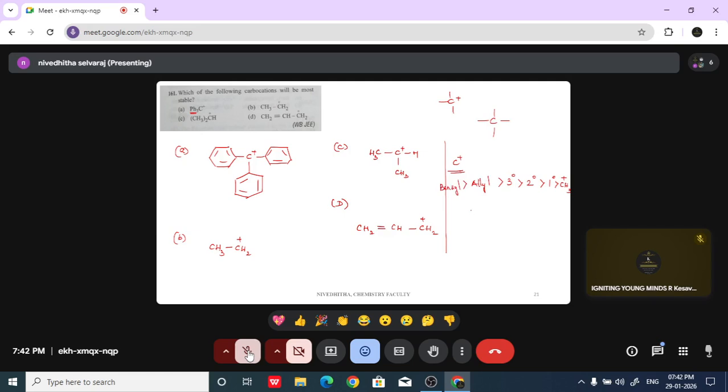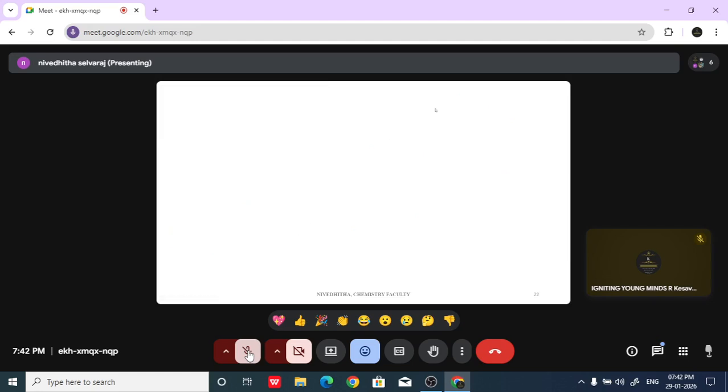Do you know how to represent benzyl carbocation? See, a positively charged carbon attached with a benzene ring is called benzyl carbocation, which is the most stable carbocation.